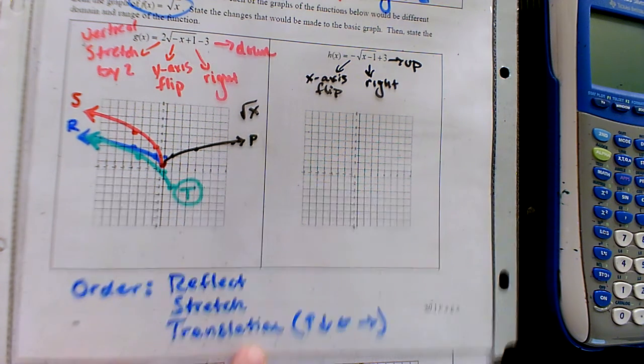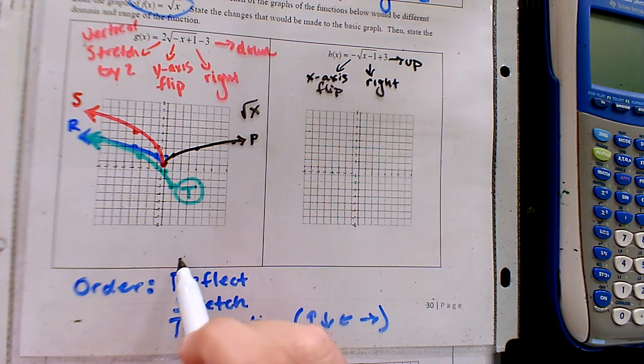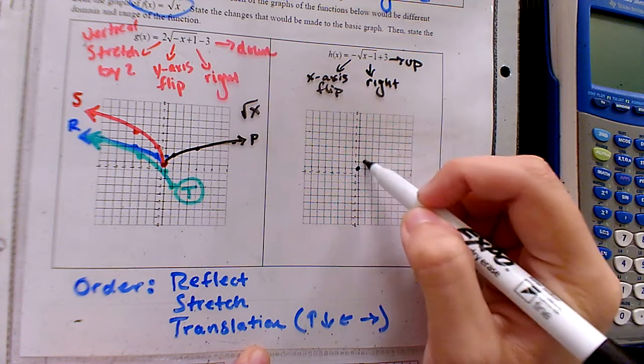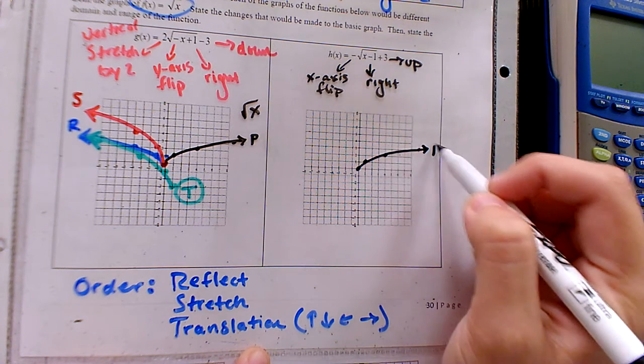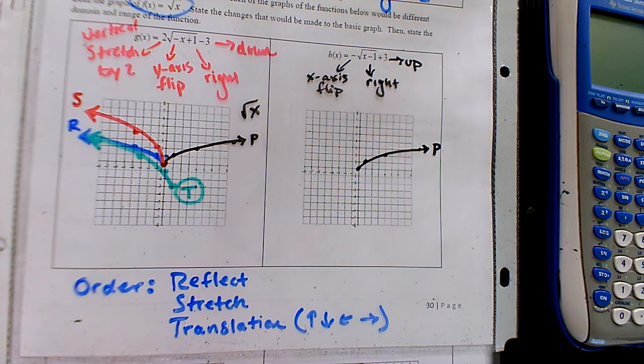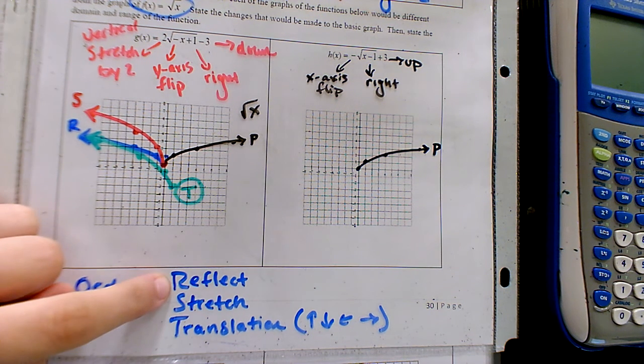All right, so our order. We're going to start with the parent. Okay, that's the basic square root graph. And then we're going to go through the RST order to graph our transformations, our changes. Now we did label a reflection.